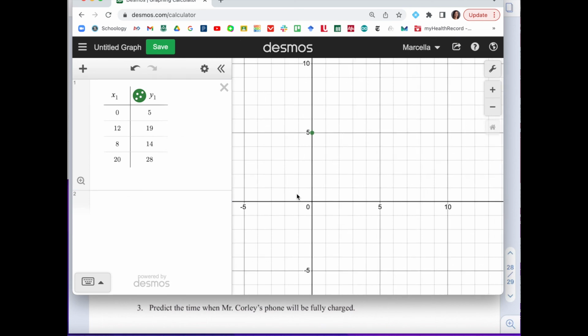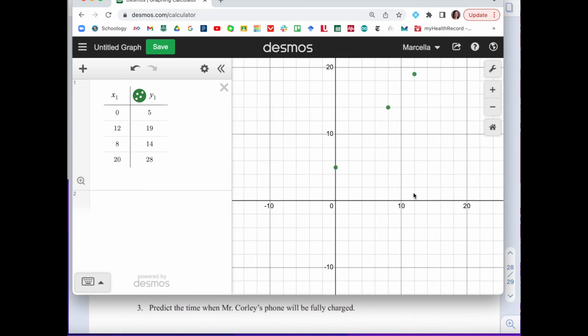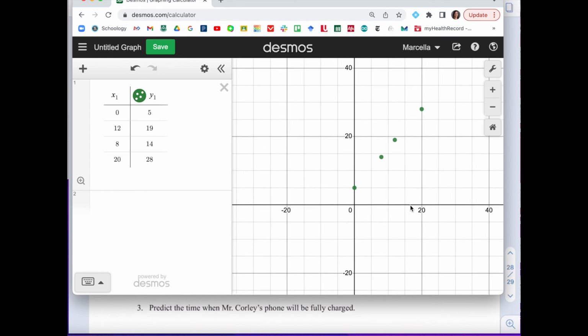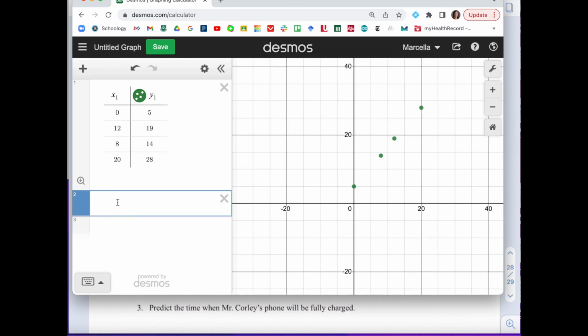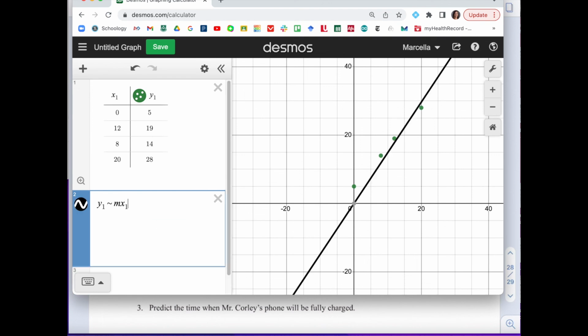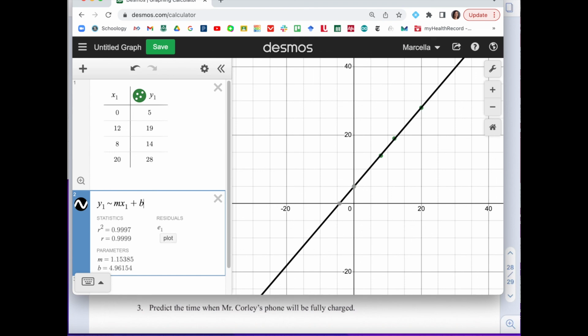And again, I can see my points here. It's not really that important. But what I want to do is write in y1 approximate mx1 plus b. And I can see here that my correlation coefficient is actually really good.